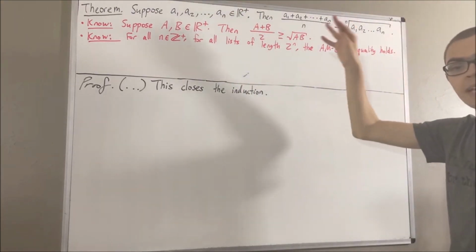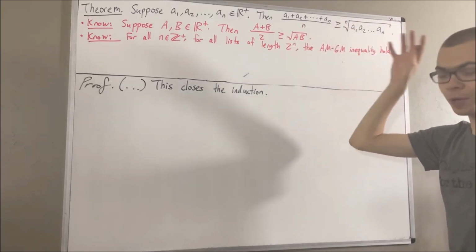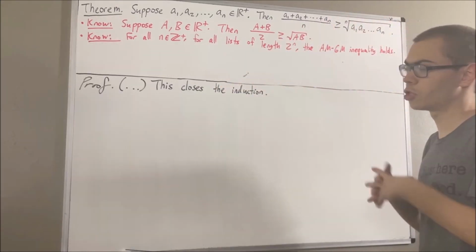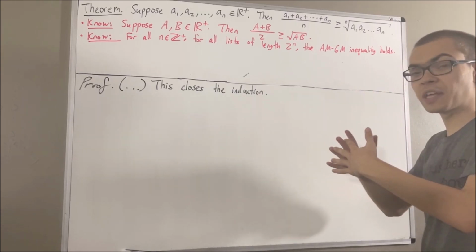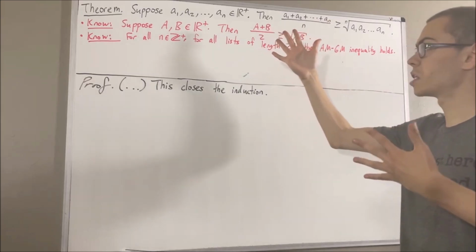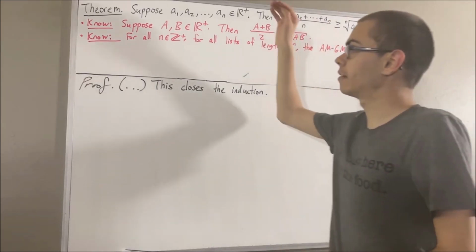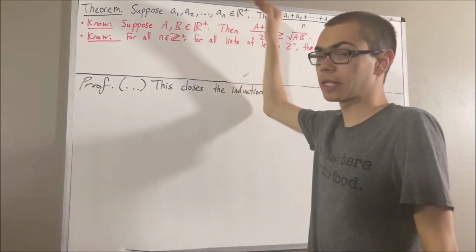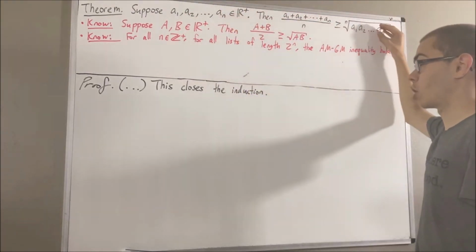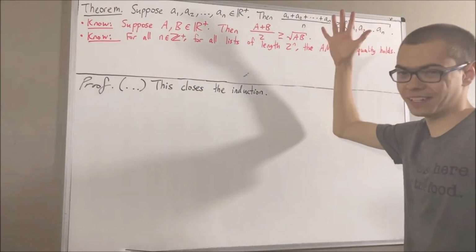Well, to prove that statement, we are going to assume for a contradiction that the statement is instead false. So really, we are assuming that there exists a positive integer n naught such that we have a list of positive real numbers whose length is n naught such that the AMGM inequality does not hold for that list.